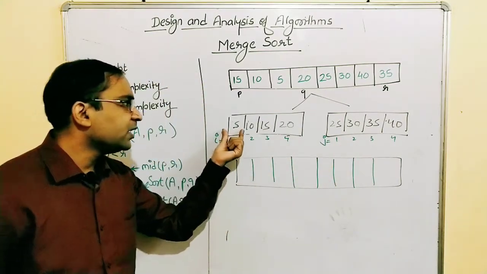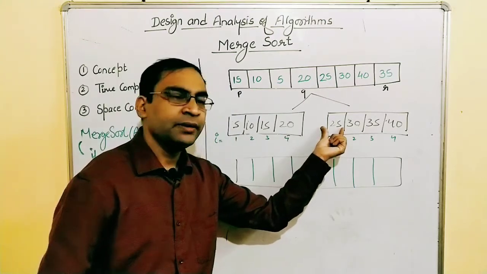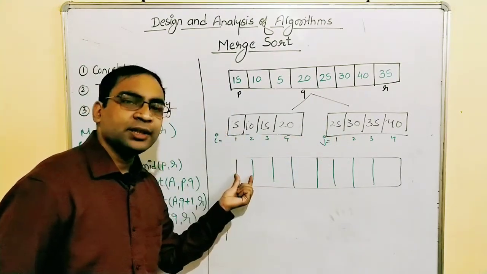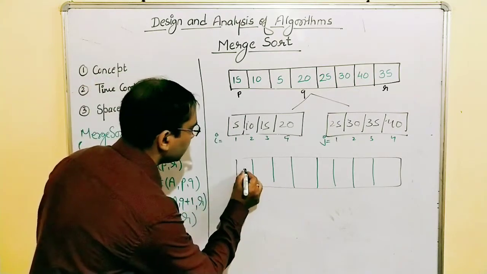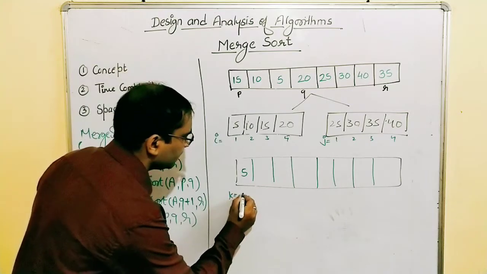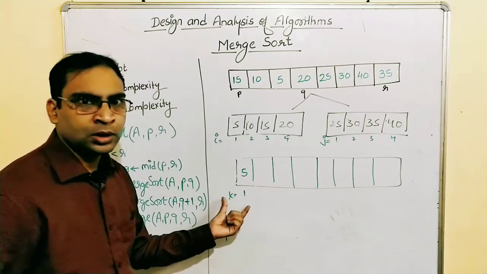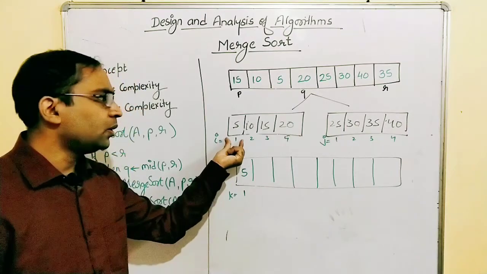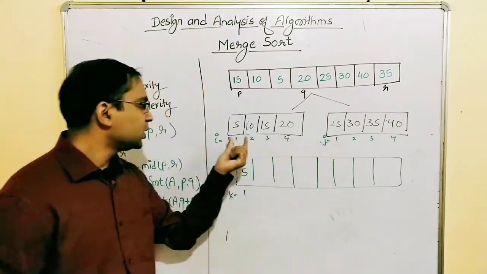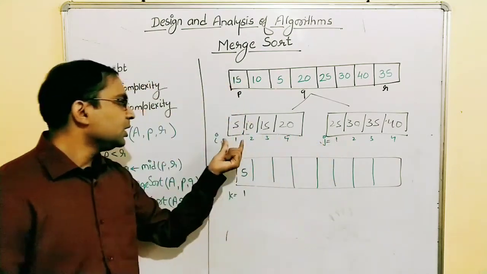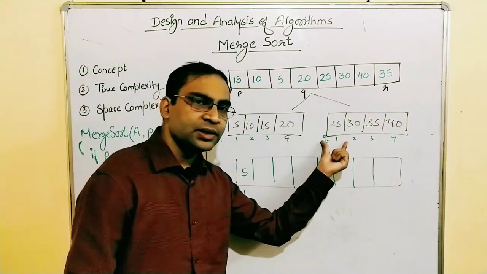If this 5 is smaller than 25, then we'll put this 5 here into the empty list. Let's call it K, and this K is 1 right now. So what we did, we compared the initial indexes of I and J of this first list. Let's call it left list, and let's call it right list. So we'll compare this left list and right list.